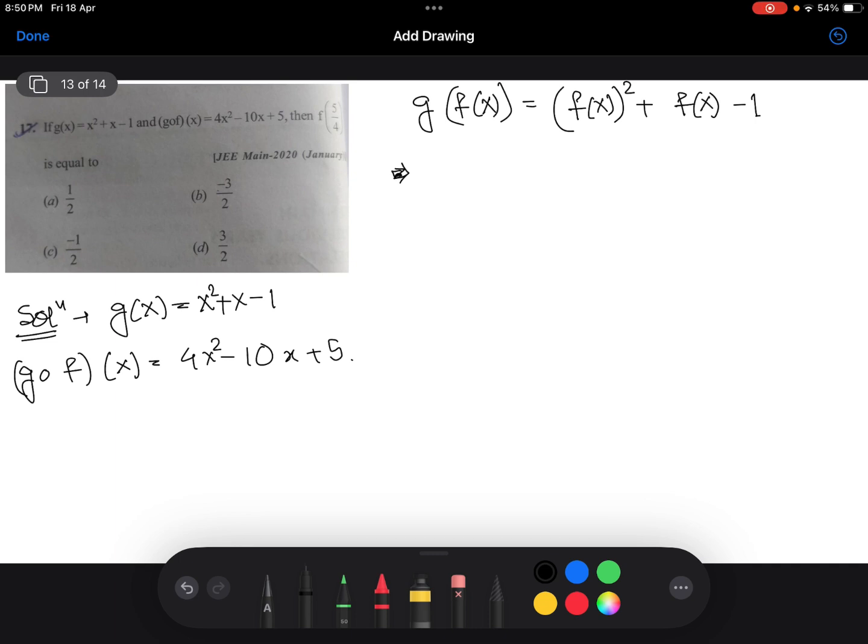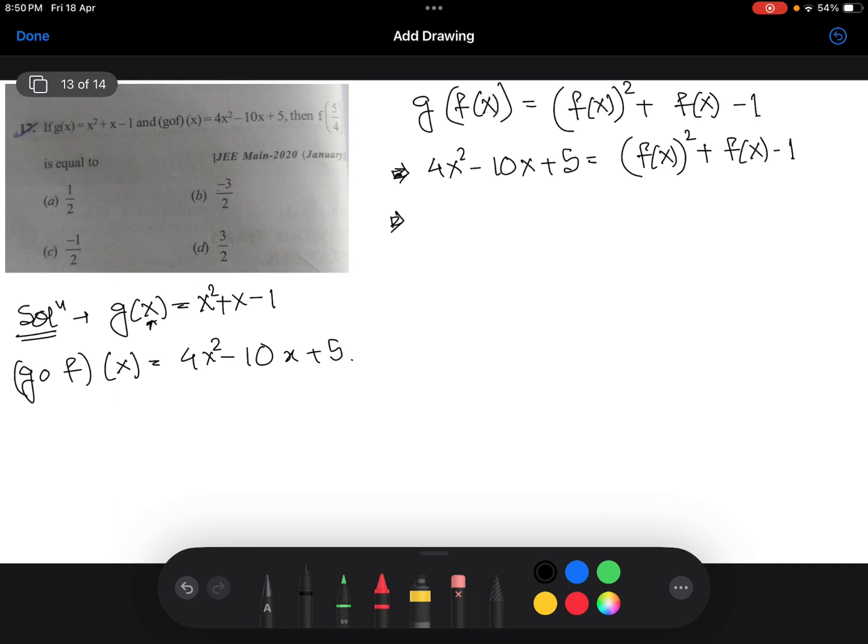Now g of f of x is 4x square minus 10x plus 5, that is equal to f of x whole square plus f of x minus 1, right? We are just putting the value. We know g of f of x is 4x square minus 10x plus 5. For x, we are replacing x with f of x.